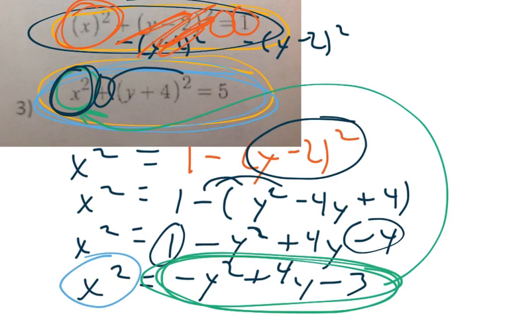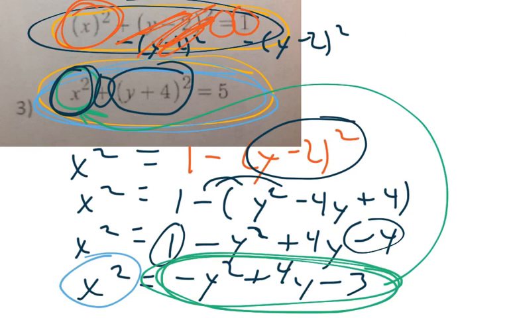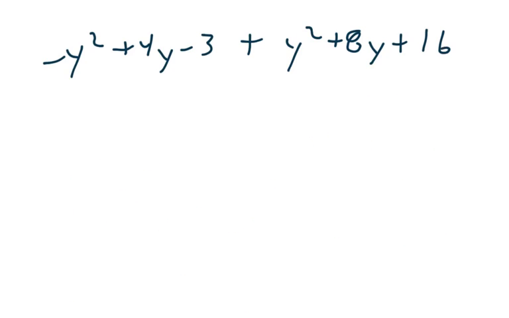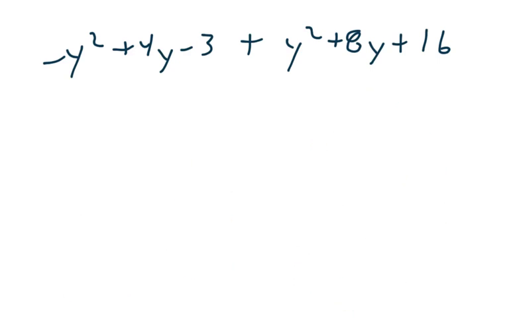And guys, I'm just going to go ahead and multiply that out too. So that's going to be y squared plus 8y plus 16. What I did again, guys, was the y plus 4 squared, and it equals 5.